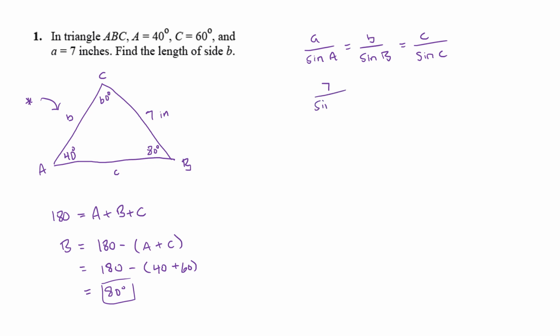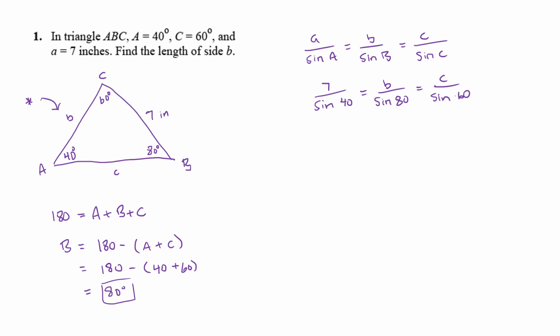Its angle is 40 degrees. I'm trying to find the side length of b, but I know its angle is 80. The side length for c I don't know, but I know the angle is 60.